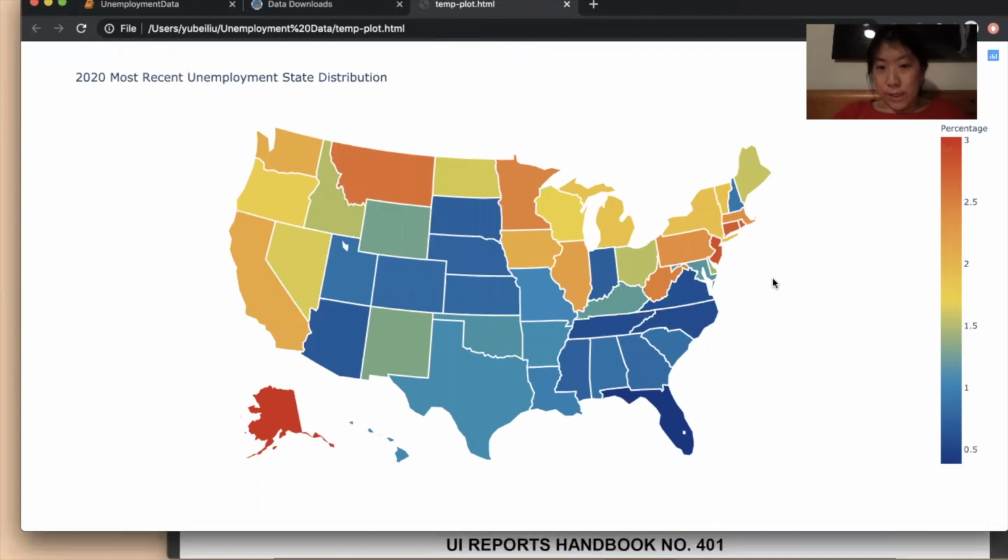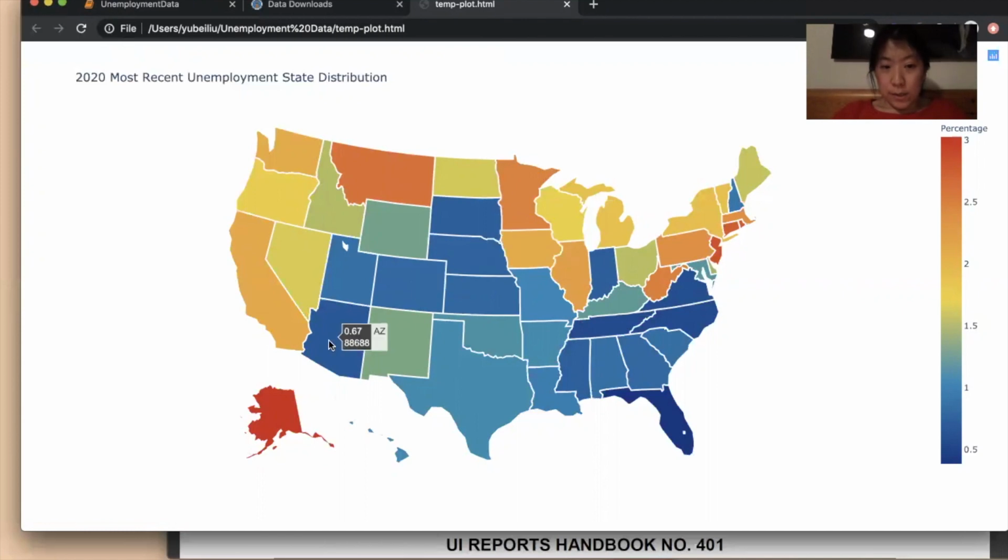So as we see on each state, it shows both the unemployment rate and the initial claims of that week. As you see, the most impacted states are Alaska, some states on the East Coast, Montana, California, and some other states.